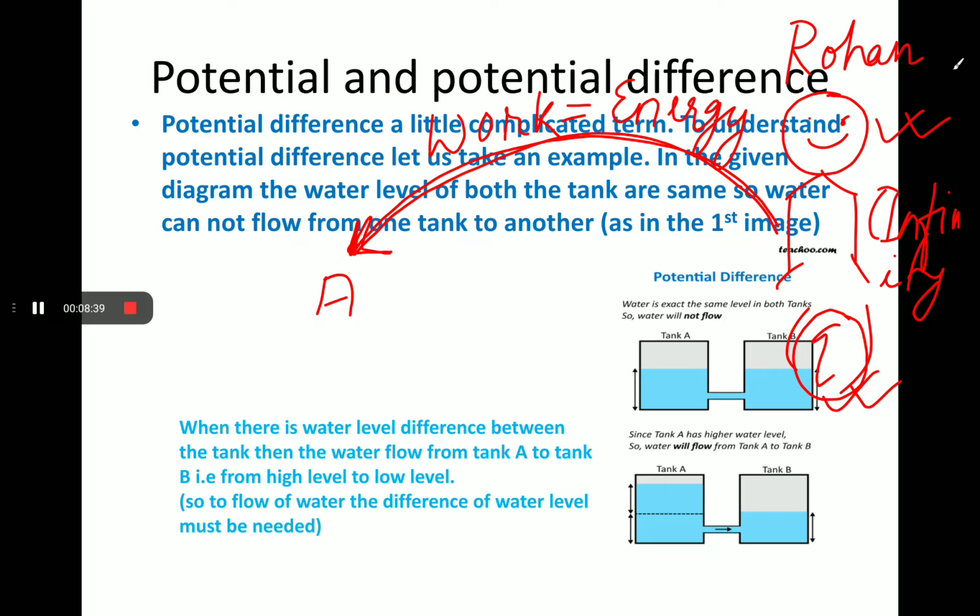So when Rohan brings this charge from infinity to the point A, whatever amount of energy he has spent in bringing this charge from infinity to the point A, that amount of energy is stored inside this charge at place A, and that amount of energy is called the electric potential.